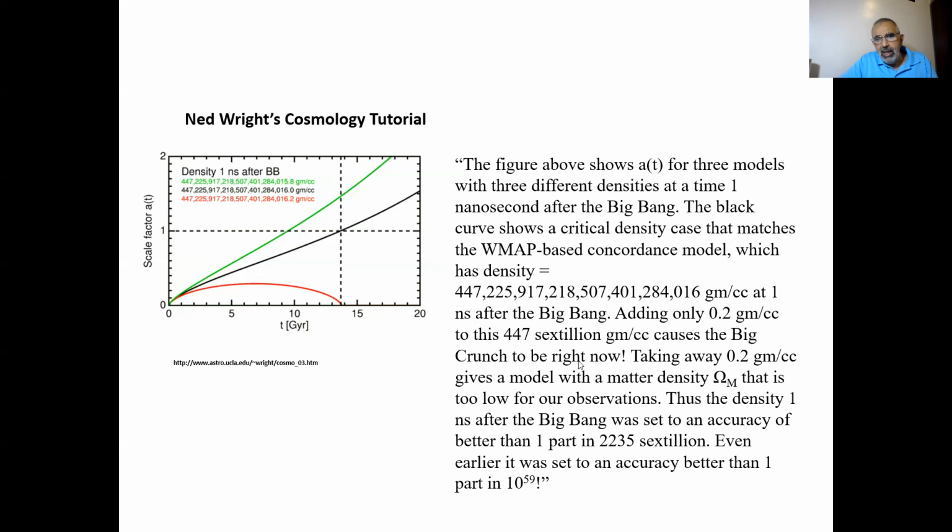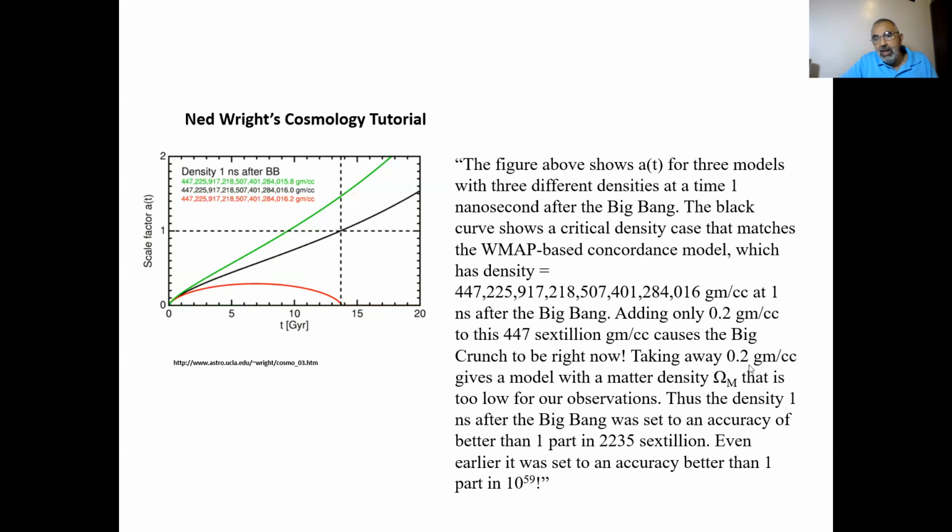And if we add only 0.2 grams to that, so that it becomes 16.2 instead of 16, we go on the red curve and there's a big crunch, which would have occurred by now. So we would not be here to talk about it or think about it.